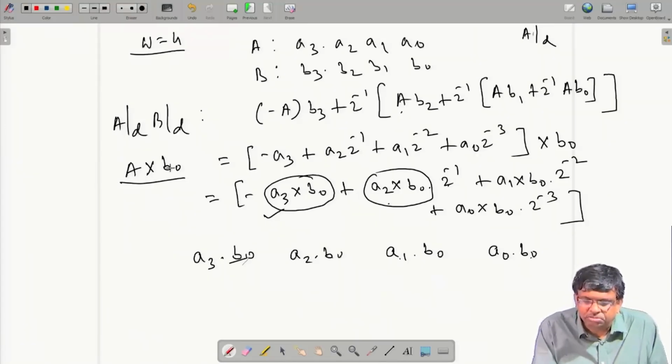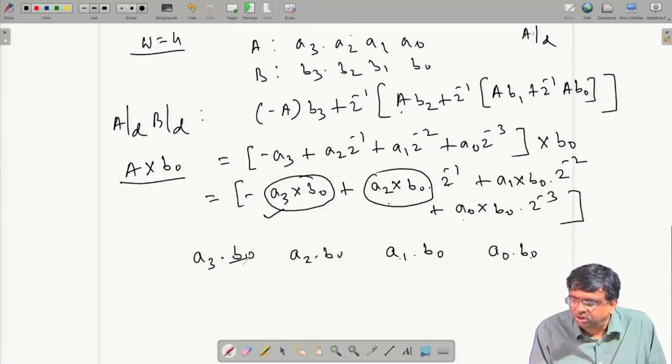So, any A times B0, decimal value of A into decimal B0, will give rise to a 4-bit word here. It will be just like this, if A is capital A: A3 dot B0, A2 dot B0, A1 dot B0, A0 dot B0. So, that is what I have here.